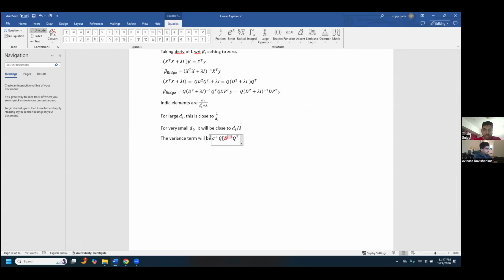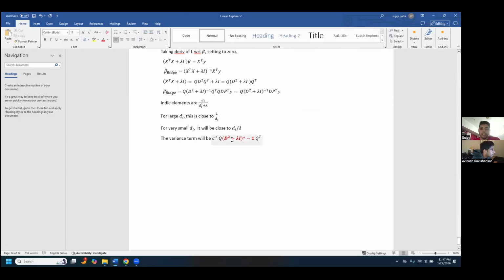So it will be D squared plus lambda I, and then minus 1. So that means the small di's are getting an adjustment of lambda. The large di's are not getting affected much. Got it. So we are correcting only the small singular values, which is what we wanted to do.